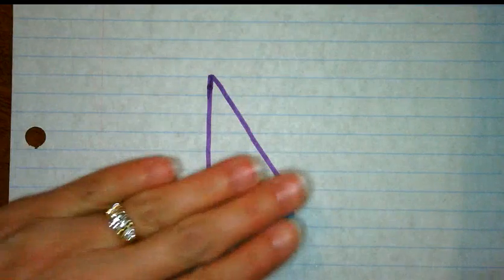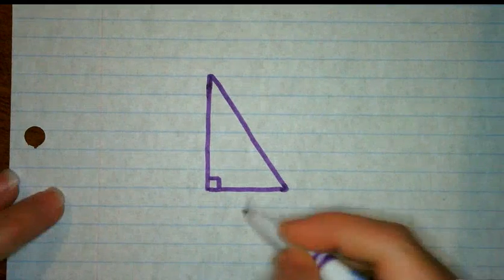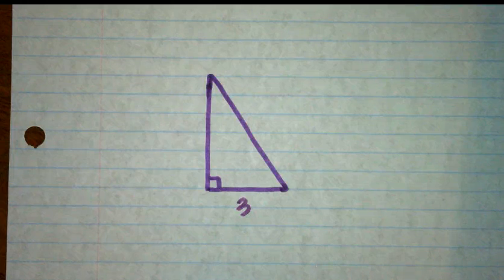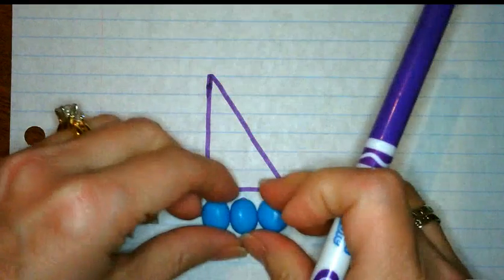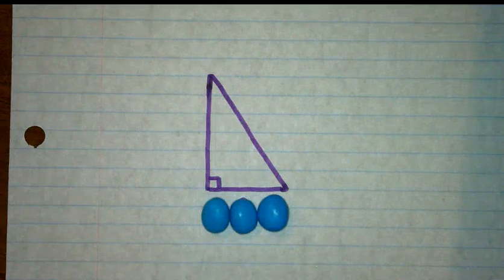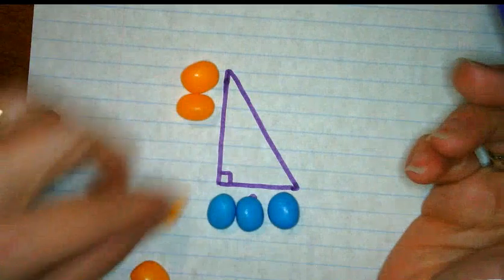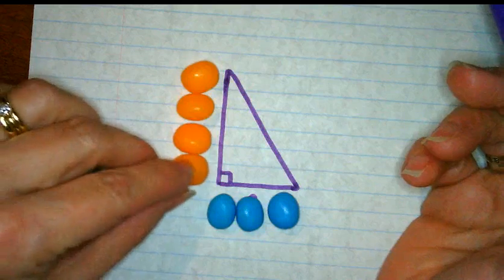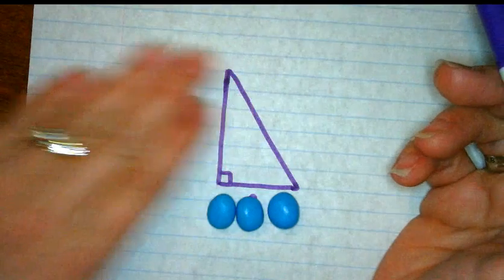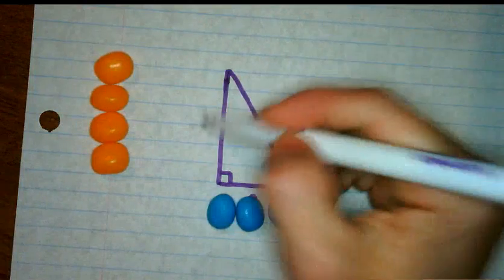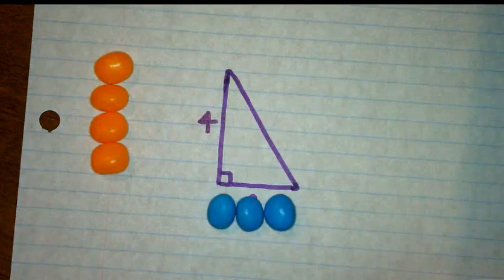I'm getting 3 for this side, so I'm going to line those up. I'm going to use orange on this side, and I got 4 for this side, so I'll call this side 4, and move them back.